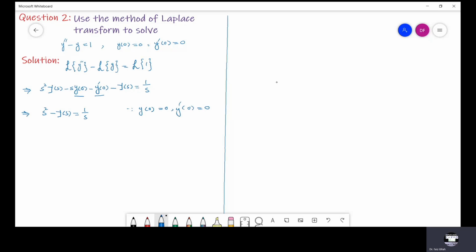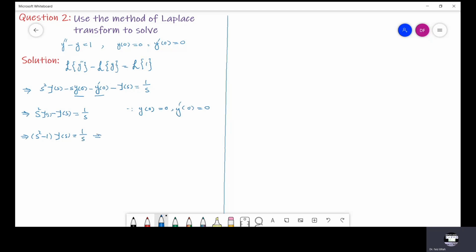Sorry, let me write it again. This is s square Y of s. Now let us take Y of s as common. So we have s square minus 1 into Y of s. This is equal to 1 over s.